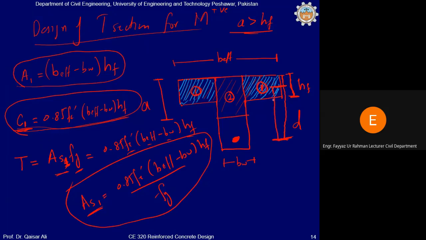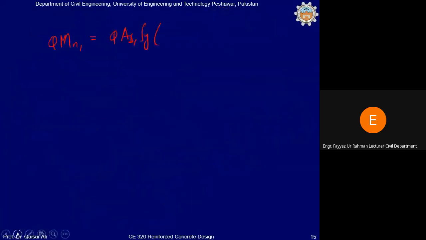This is the lever arm. कोई बता सकता है what is the value? d minus half of hf. हाँ बिल्कुल, this will be equal to d minus hf divided by 2. तो यहाँ पर आप ये पुट करें phi As1 fy into d minus hf divided by 2.